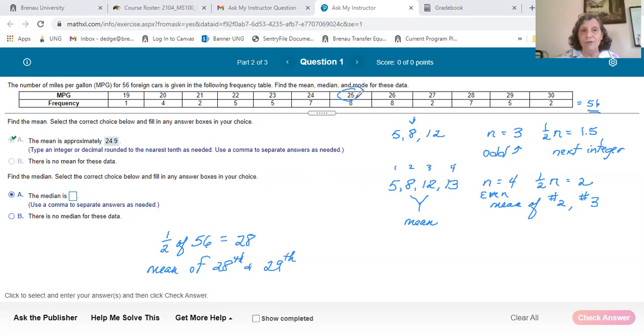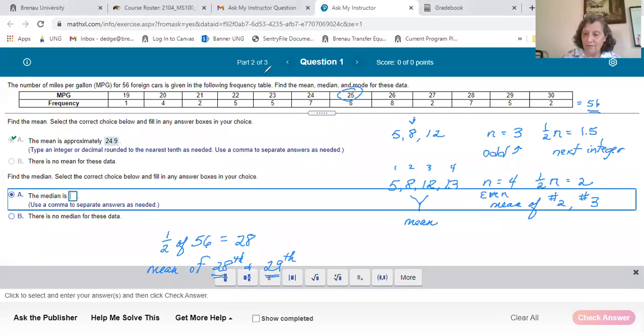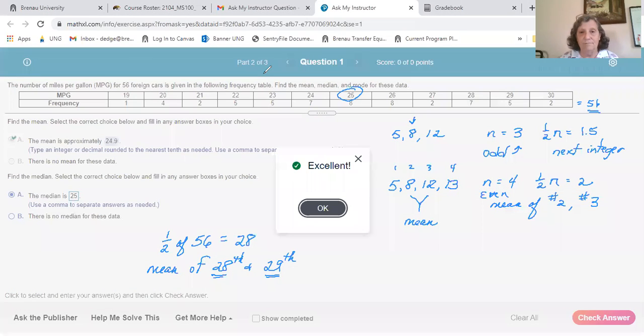So when you put the cars in order from the smallest miles per gallon to the largest, the cars sitting in the 28th and 29th positions both got 25 miles per gallon. So if we enter 25 here, perfect.